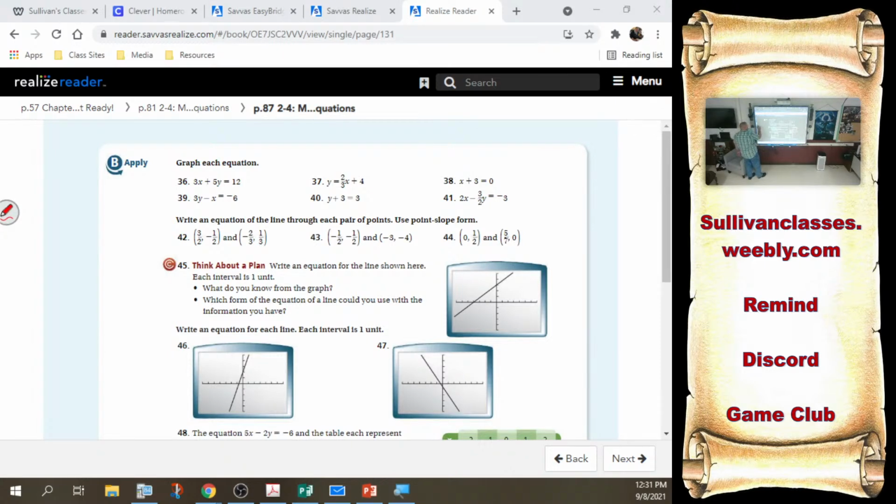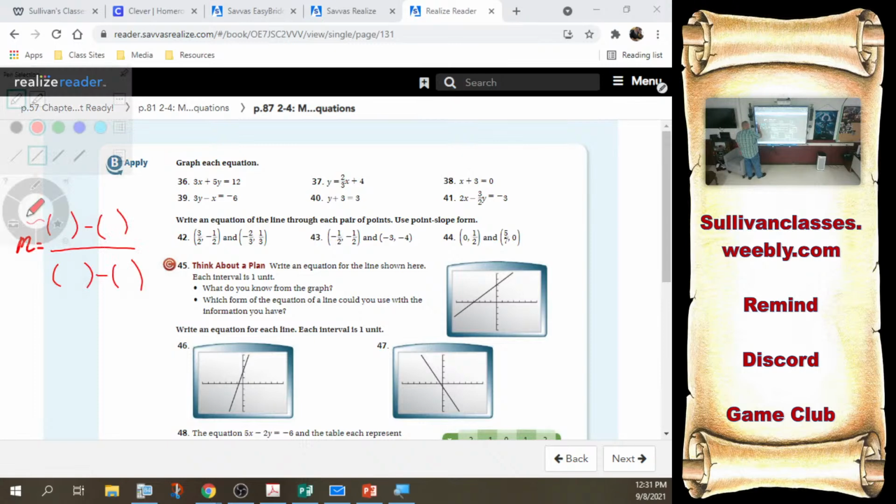First thing, I need the slope. In there goes y2, y1, x2, x1. Get common denominators.